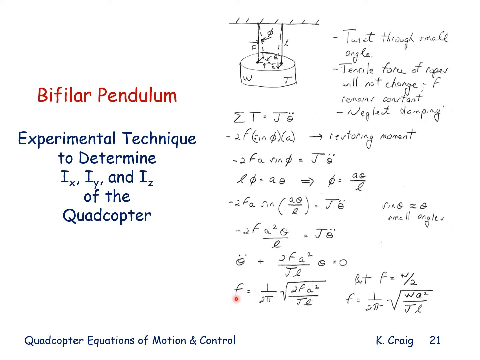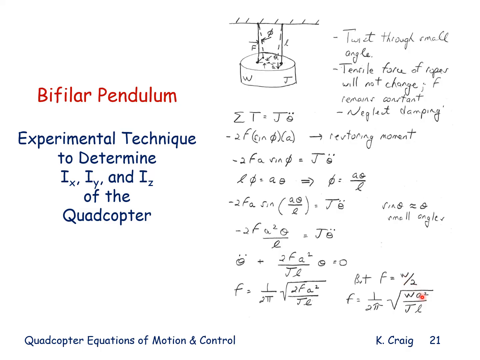So if I can time the oscillations with a stopwatch and get an expression for the frequency in cycles per second, I then can solve for J as I know everything else in this expression. I know that F is equal to W over 2.